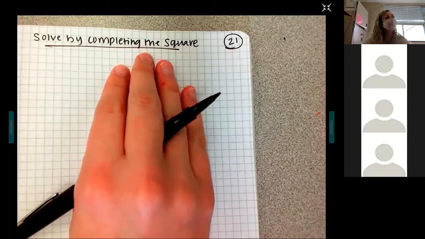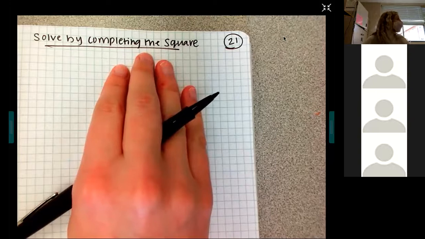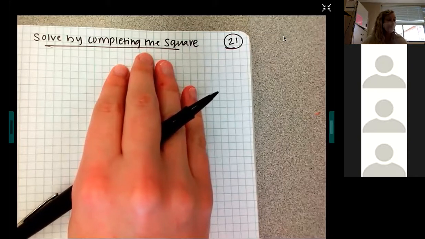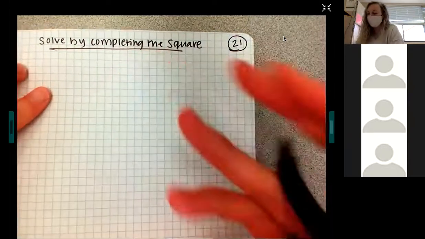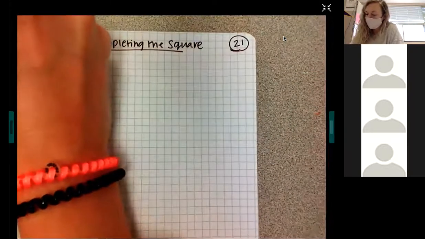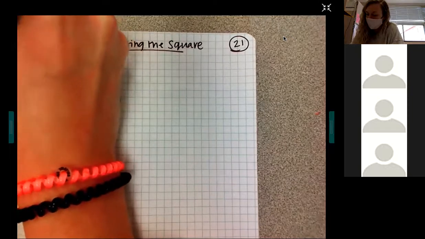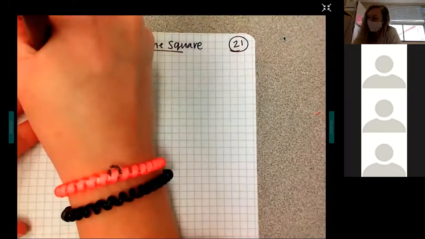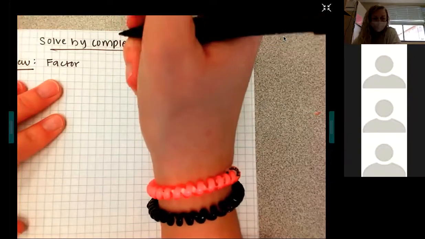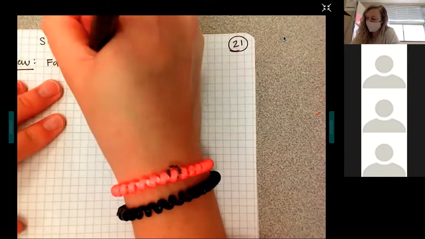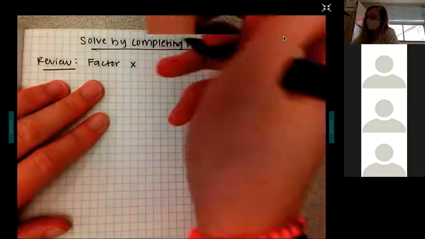And you would really ideally only use this if you cannot factor, because if you could factor it and you waste your time completing the square, it was just that, a waste of time, okay? So I want to start off with completing the square by asking you guys how we would factor this polynomial. It says review, I'm sorry.